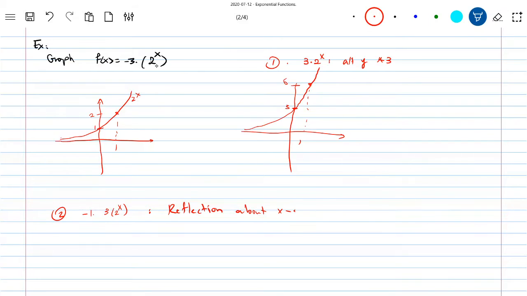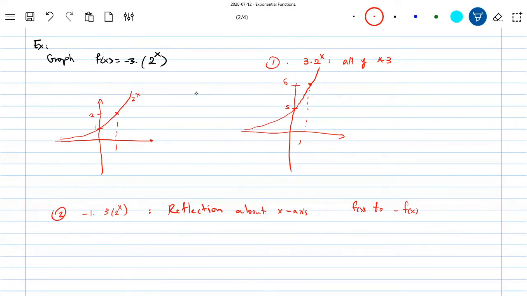This is about the x-axis. If you change the exponent to -x, then that would be a reflection about the y-axis. But here you're multiplying a negative outside. It is like changing f of x to negative f of x. That's what you do. You multiply negatives to the function. You do not change x to -x. You're just multiplying a negative. In that case, you have a reflection about the x-axis.